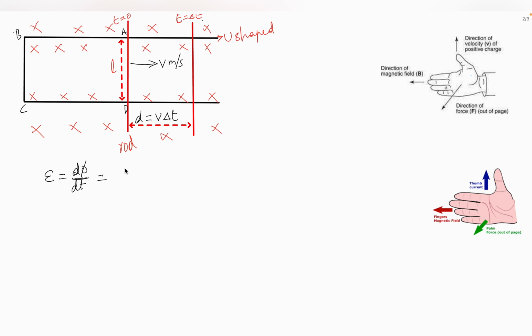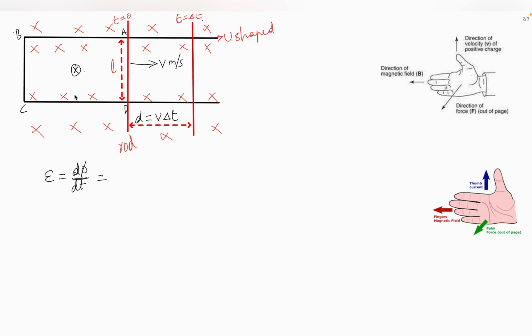The flux is given by BA cos theta actually, but theta is 0 here, because the perpendicular drawn to the area of the loop is out of the page, and the magnetic field is into the page, along the same line as the perpendicular to the surface.